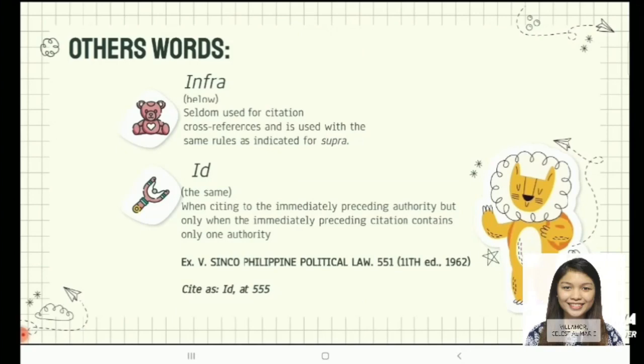We also have Id., or "ibid", which is read as "the same" when citing to the immediately preceding authority, but only when the immediately preceding citation contains only one authority. For example, we have V5 Philippine Political Law, 551, 11th edition, 1962, could be cited as Id. at page 555.